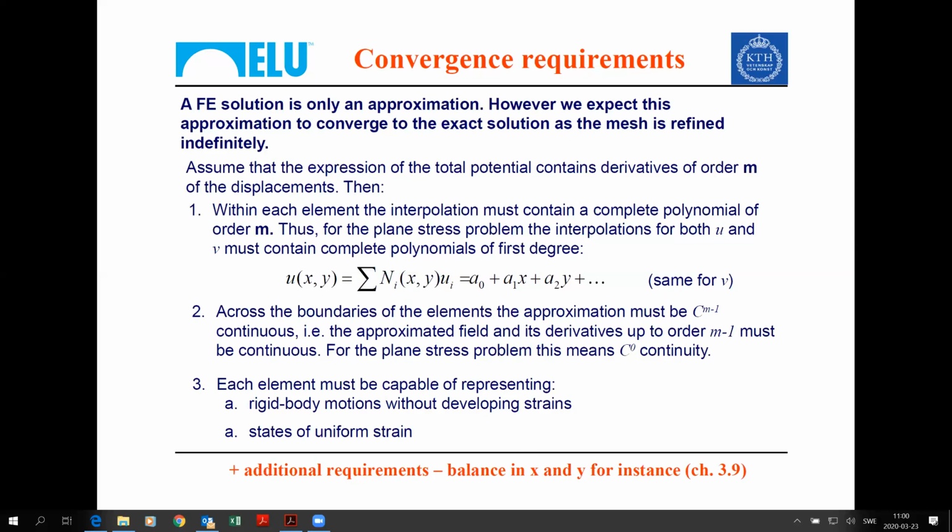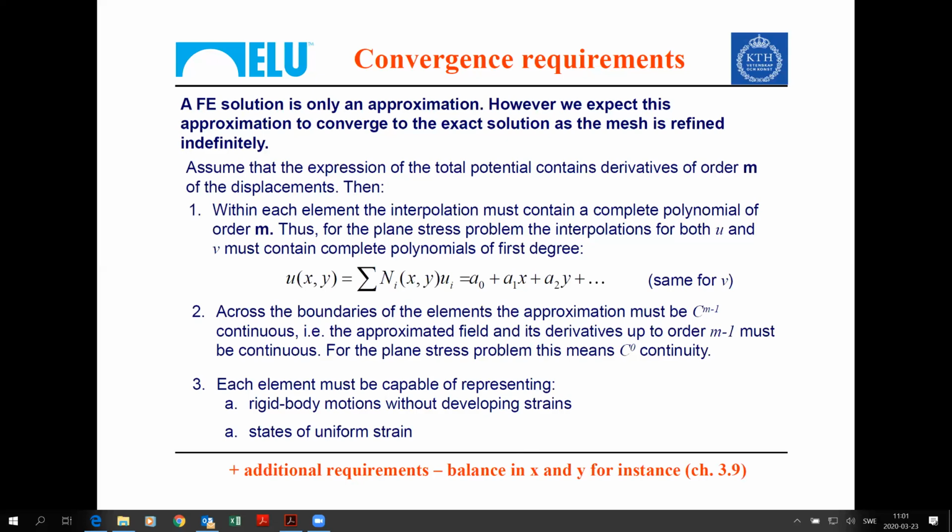Then the elements themselves will be so small that the state of strain will be almost constant within the element, simply because the domain of the element is so small that the strains will not have the time to vary too much from one point to another.